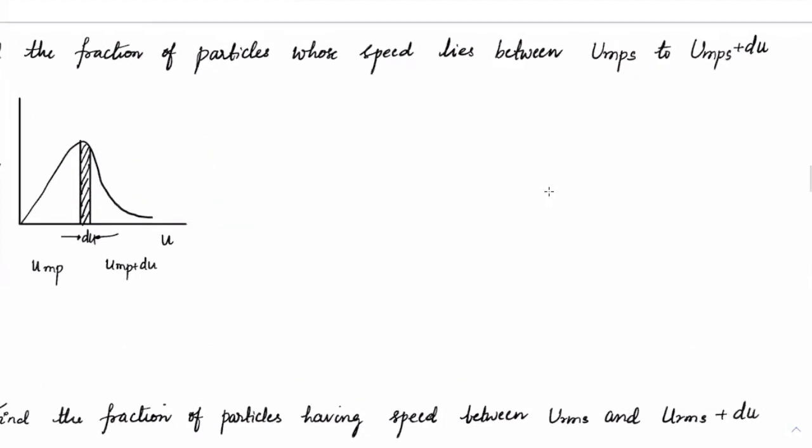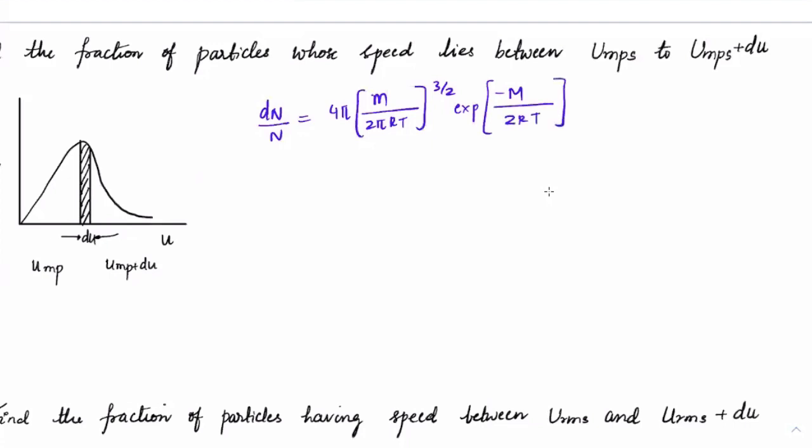What we know by the formula is dn by n equals 4 pi into m by 2 pi RT raised to power of 3 by 2, then exponent of minus m u square by 2RT, into u square into du. This is how it was. Now, instead of this u, what if it is the most probable speed, with a small gap of du? So in this du, what is the fraction of particles present?